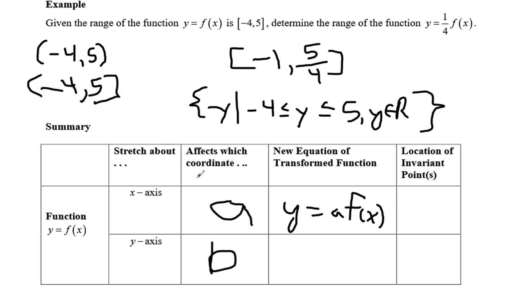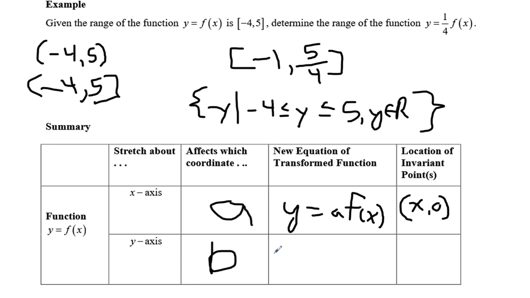Now, where are the invariant points? When you stretch about the x-axis, your invariant points are your x-intercepts. So x, comma, 0, because go and stretch 0 as much as you want. You're still going to be 0.